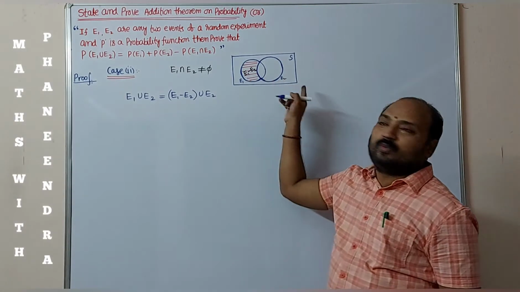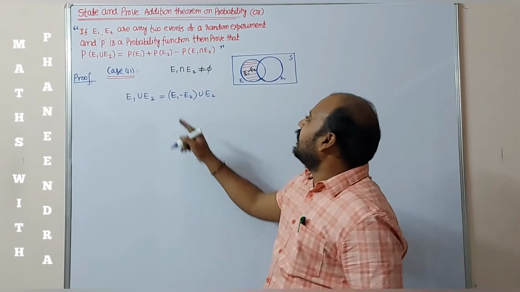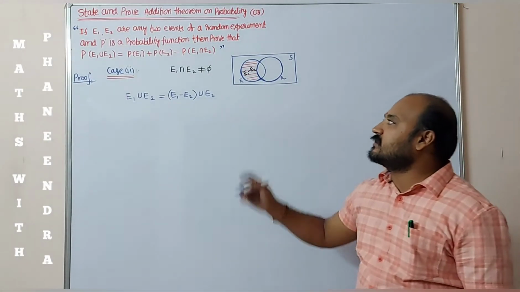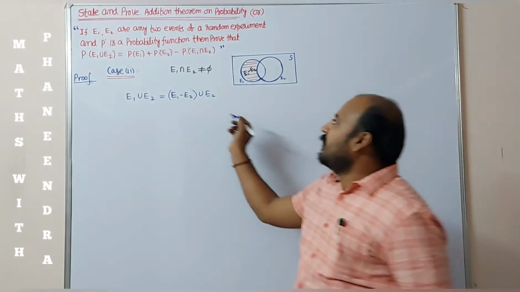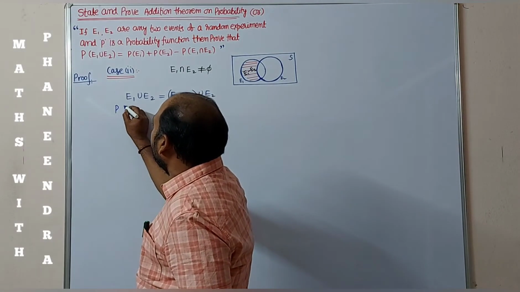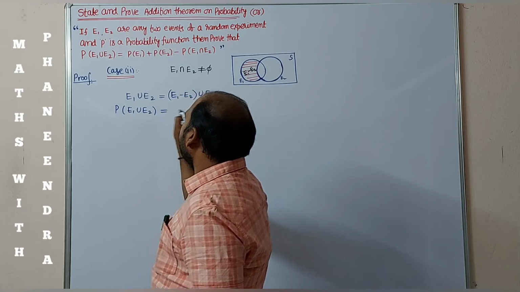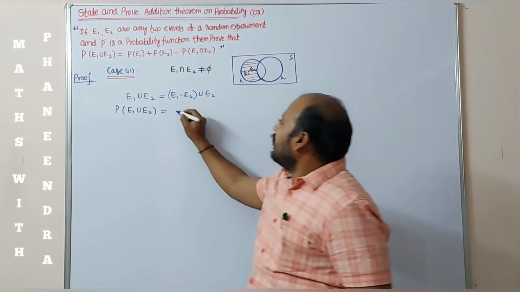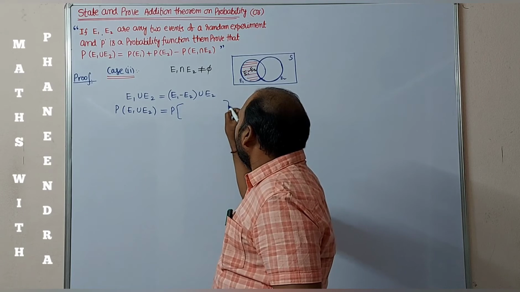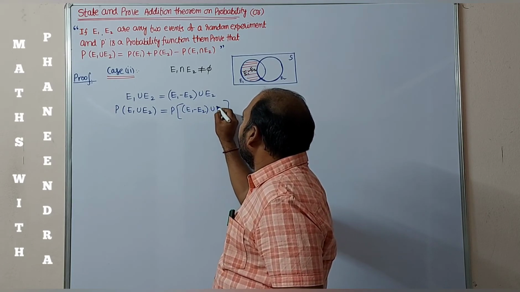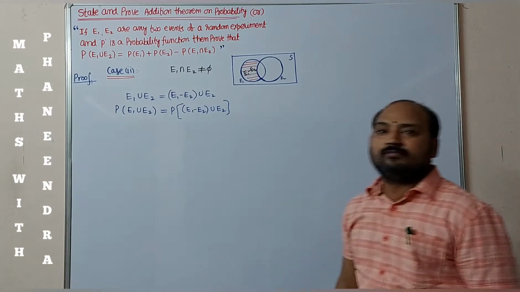That means the combination here, the sum of two events, we are writing as a union. Taking probability on both sides, P of E1 union E2 is equal to P of E1 minus E2 union E2.